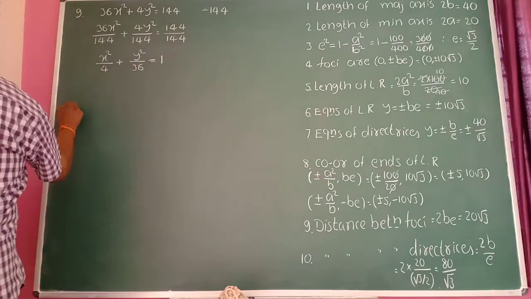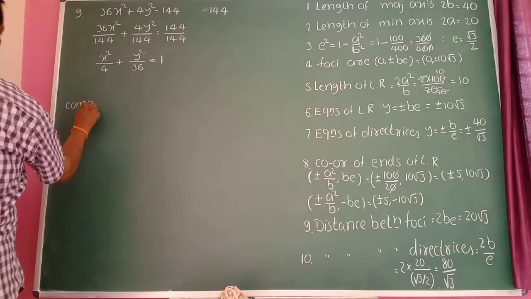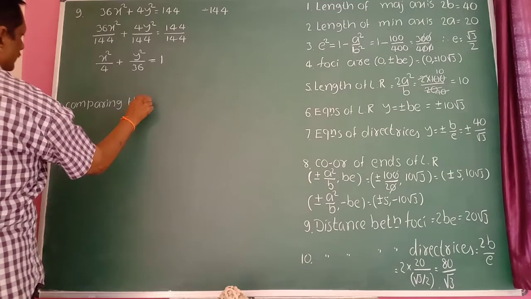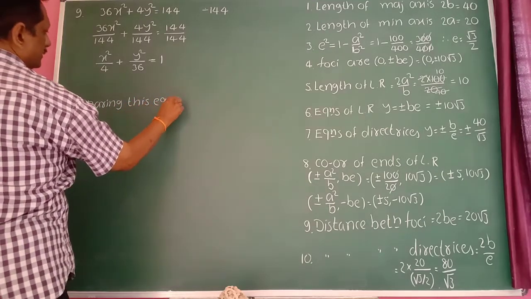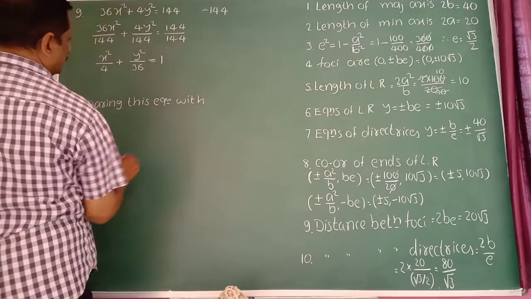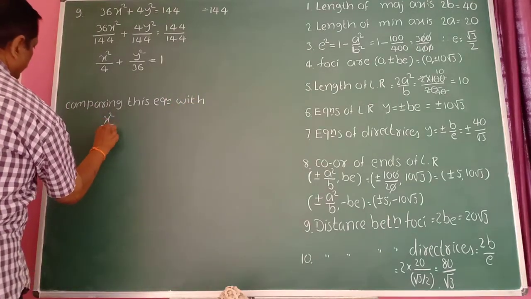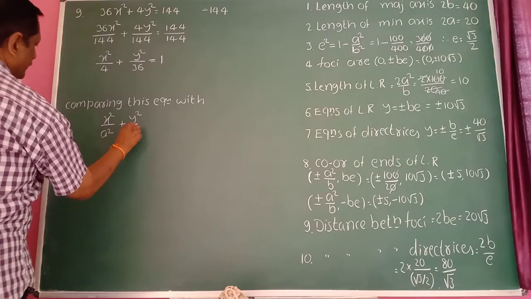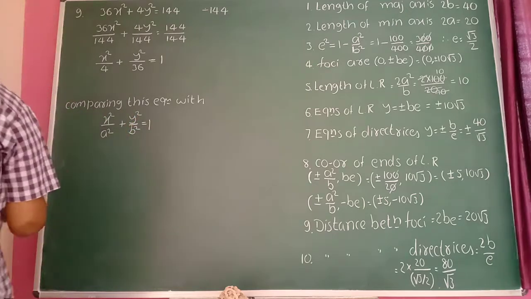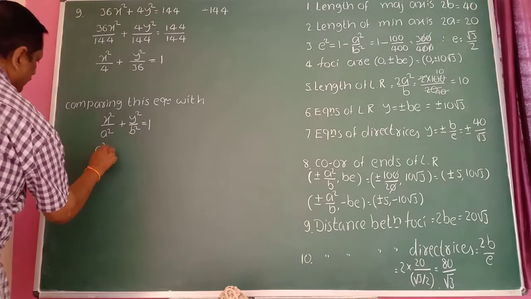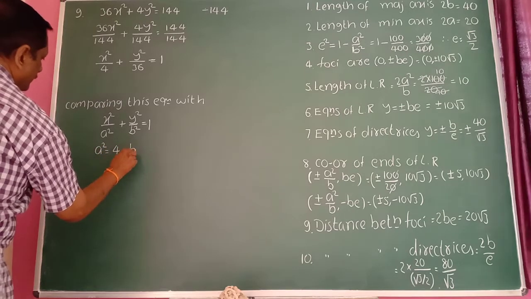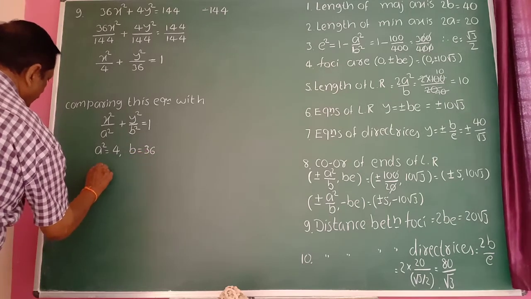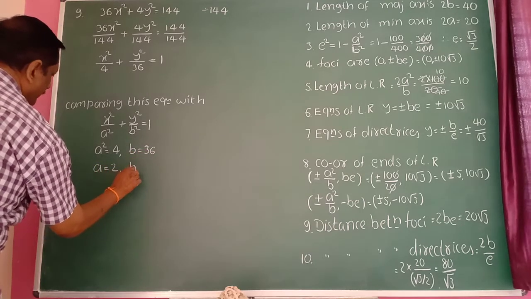Comparing this equation with x²/a² + y²/b² = 1, we get a² = 4 and b² = 36. Then the value of a is 2 and the value of b is 6.